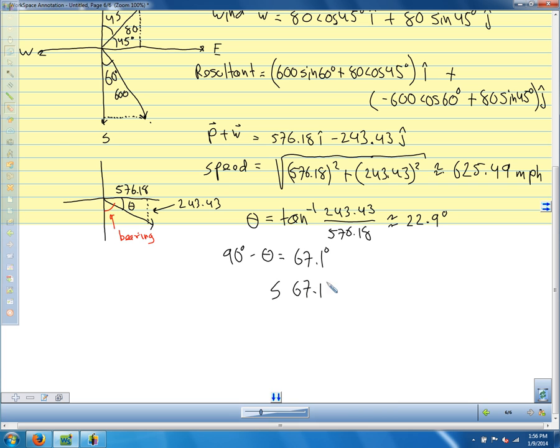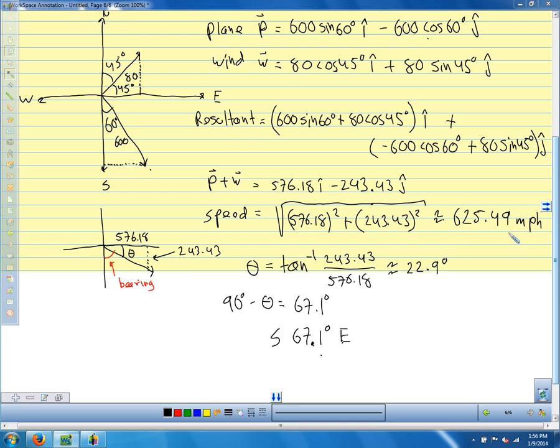Whoops, degrees east. So our resultant speed, 625.49 miles per hour, at a bearing of south 67.1 east. We broke our vectors into components and added the components to get our resultant.